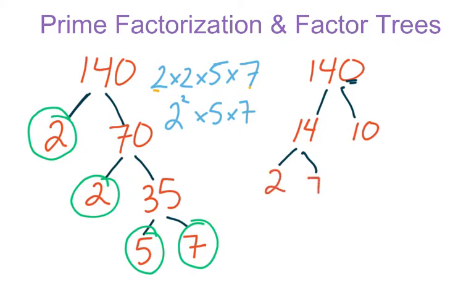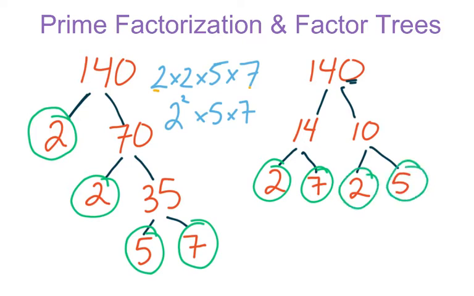2 times 7 equals 14. 2 is a prime number, 7 is a prime number. 10. Well, 2 times 5 equals 10. 2 is a prime number, 5 is a prime number. Going in order from least to greatest, sometimes it helps me to cross them off as I go.